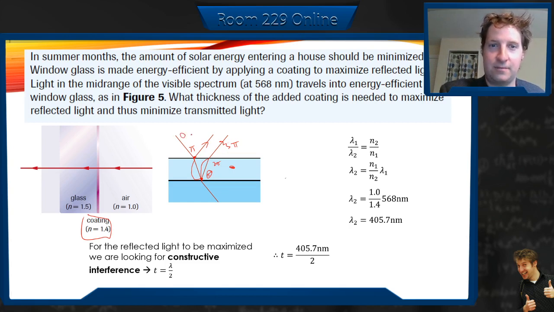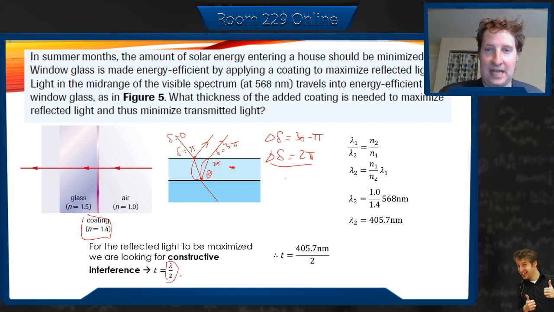Let's say this has a phase of 0. This phase difference is going to be pi, and this phase difference is going to be 3 pi. So the total phase difference is going to be 3 pi minus pi, or 2 pi. So that explains why the thickness has to be half a wavelength.